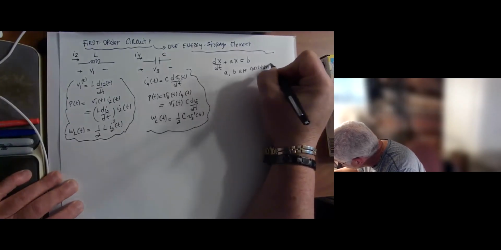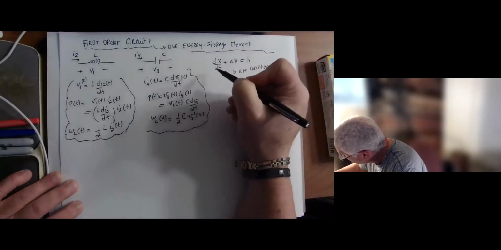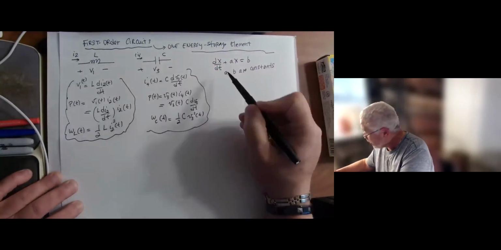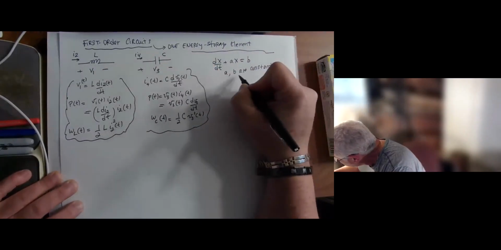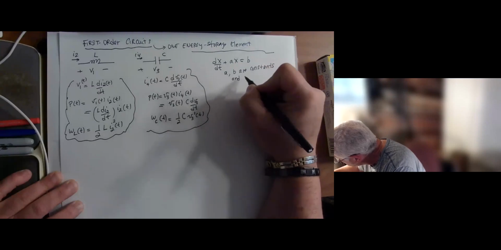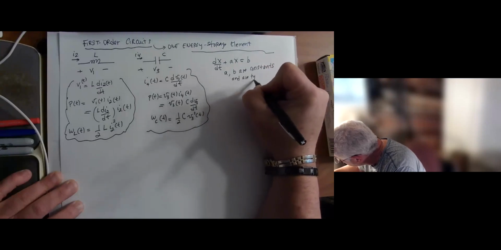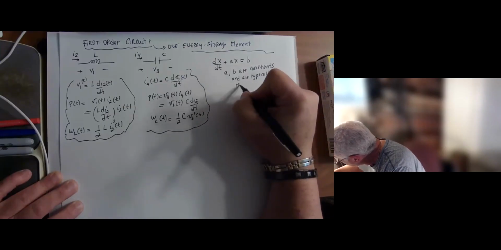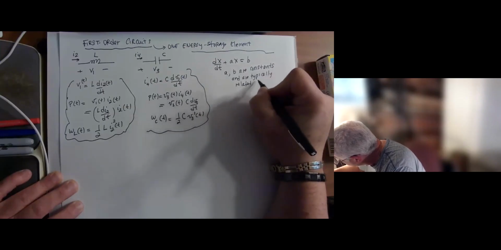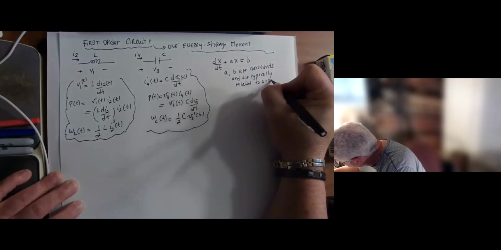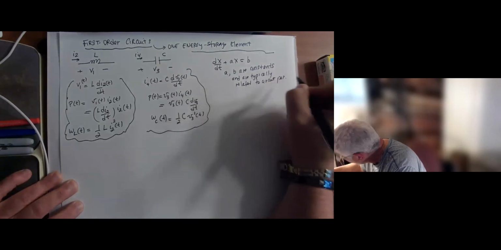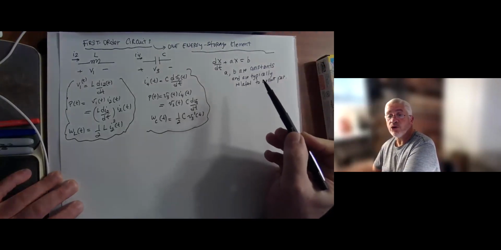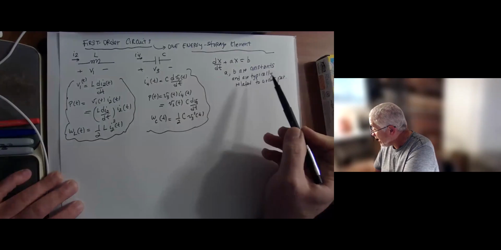Okay. So this is a first order differential equation, essentially what we get for first order circuits. And A and B are constants and are typically related to the circuit parameters. They're essentially related to the circuit resistors, sources, and what have you.